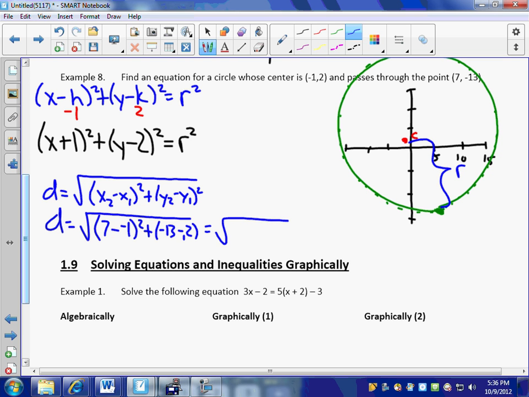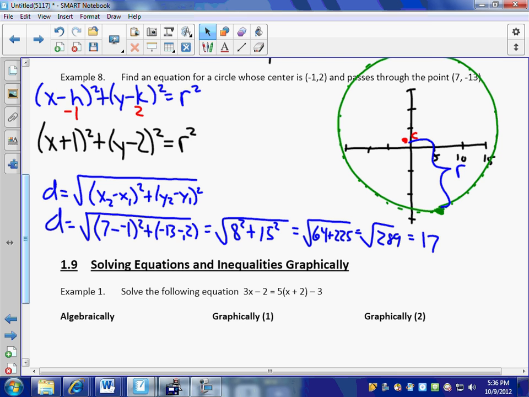So the square root of 8 squared plus 15 squared, or the square root of 64 plus 225, square root of 289, which is 17. So it looks like the radius is 17. And so what I'll have is it's equal to 17 squared, or 289.